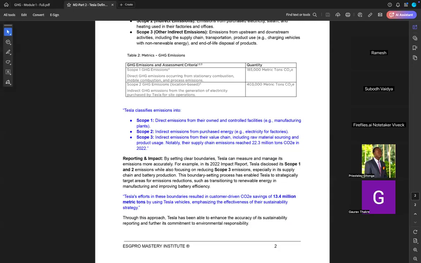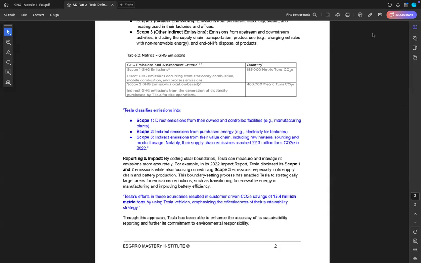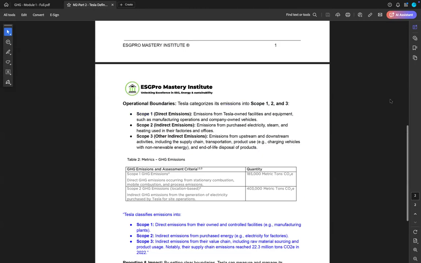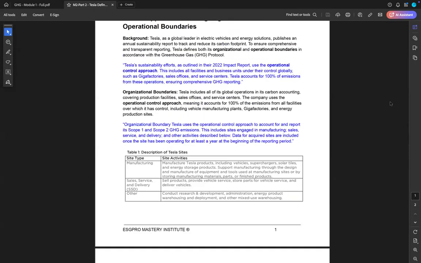So Tesla, in their 2022 impact report, basically divided the approach by boundary. They set two boundaries: organizational and operational boundaries. In operational boundaries, they chose the operational control approach, where they accounted for 100% of emissions.